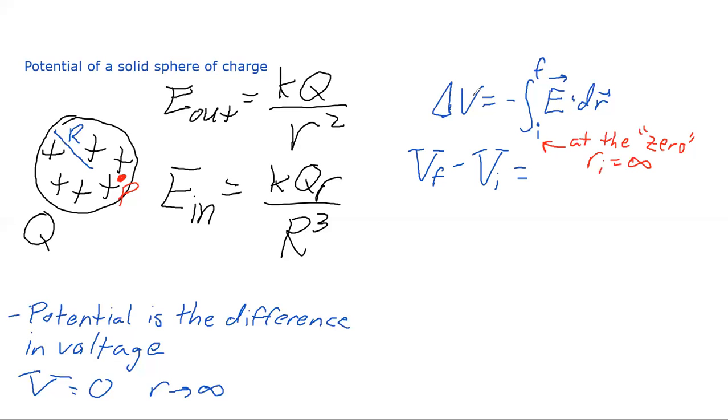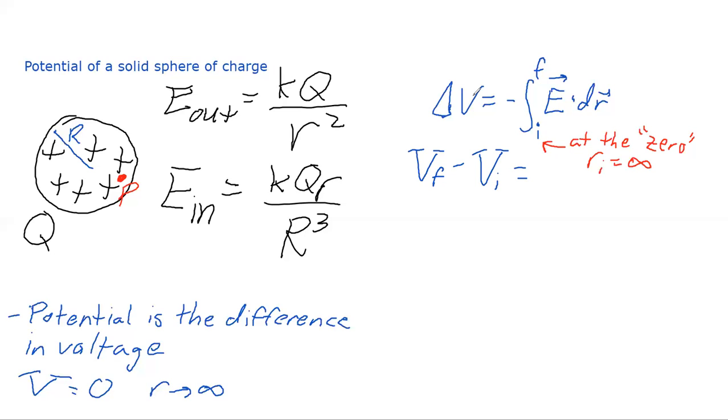Okay, so what is V initial then? Well, V initial is going to be whatever your initial position is. We don't know anything about voltage in this problem, right? If you look at the problem, I didn't give you a number for voltage anywhere. The only thing you know about this problem is that voltage is zero at infinity.